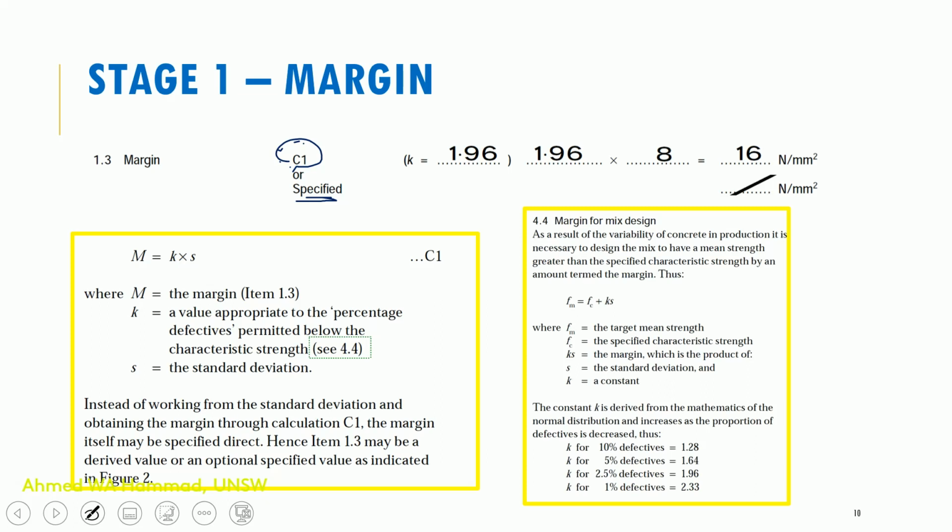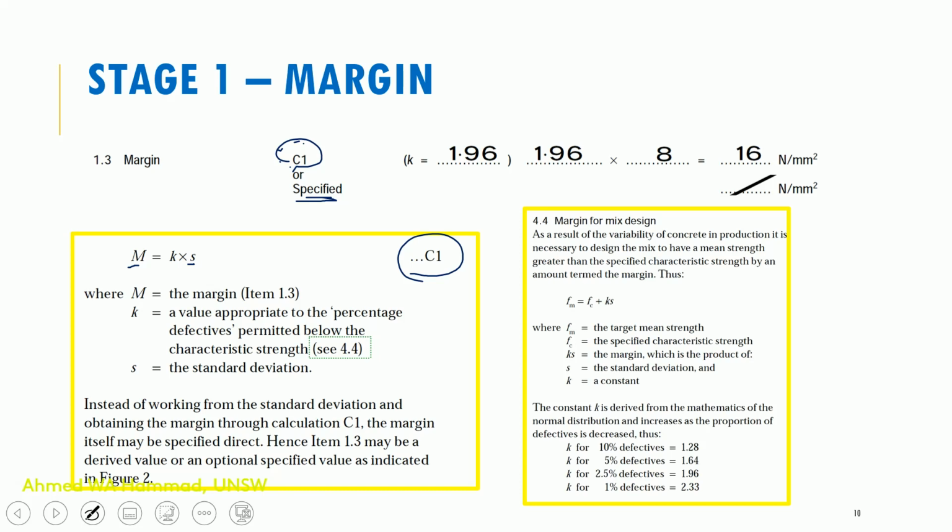Now, equation C1, I've taken a screenshot for you guys, and you can see that C1 is to compute the margin, which is M. You have to multiply K, which is the parameter that's associated with the defective rate of 2.5%, by the standard deviation, which was what we've computed in the previous step.